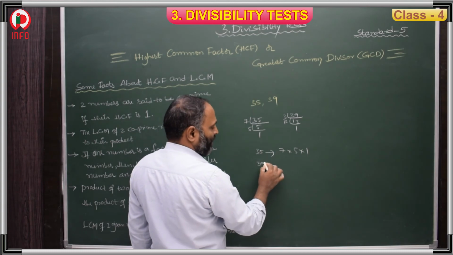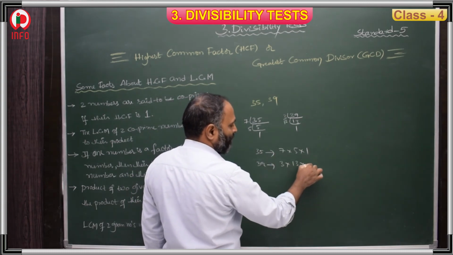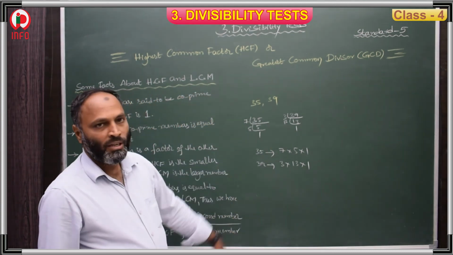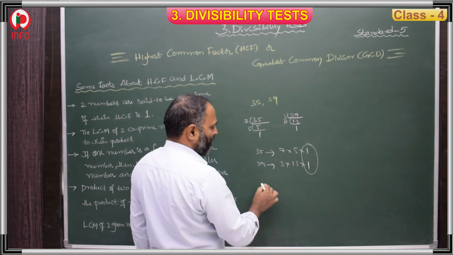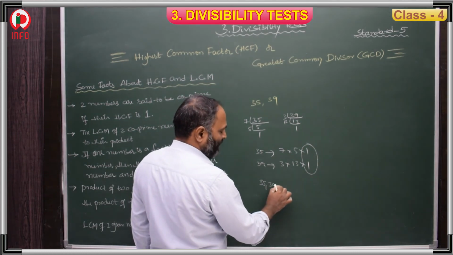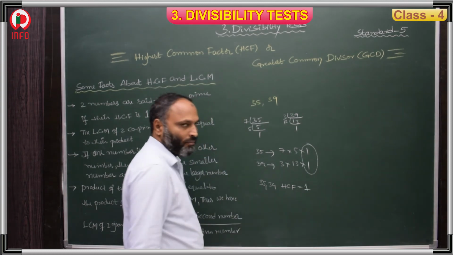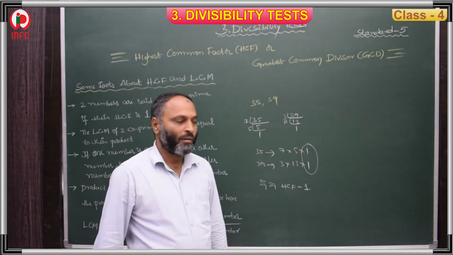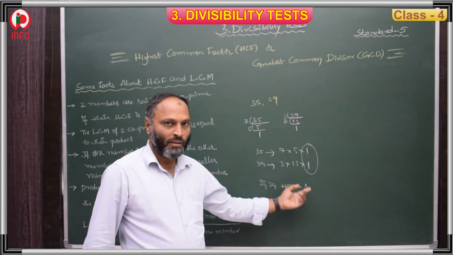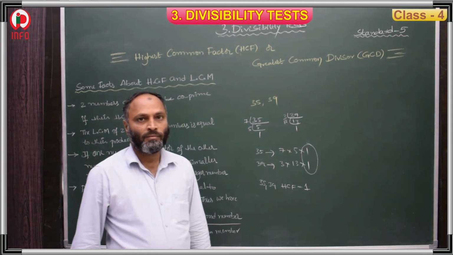Then 39 is 3 into 13 into 1. So what is common between these two? 1 is common. 1 is the HCF. 35, 39 HCF is 1. It means 35 and 39 are co-prime numbers. When HCF is 1, then we can say that the numbers are co-prime numbers.